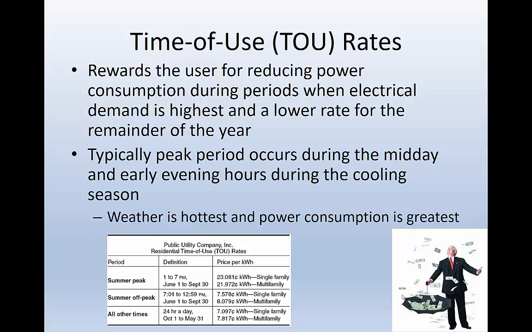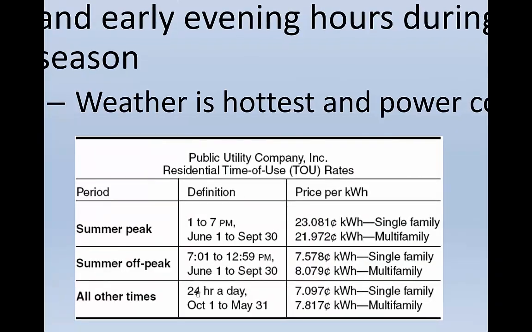Okay. Time of use rates, this is another thing that we can look at. In here, if you look down here at the bottom as our example, I'm going to make that a little bit bigger as we talk about it. So you can see here, during the summer peak from June 1st to September 30th from 1 to 7 p.m., so the hottest time of the day, for a single family, they're actually charging over 23 cents per kilowatt hour.